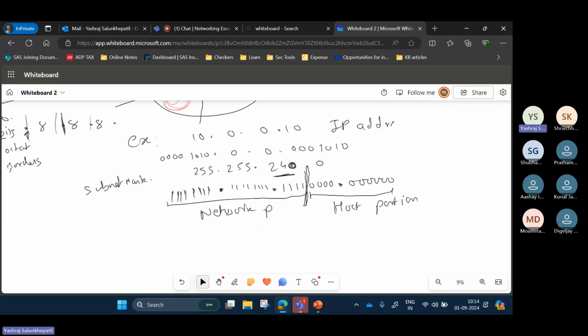Okay. Clear? Not necessarily it will be at the octet border only. So wherever there is 1, it is network portion. Wherever there is 0, it is host portion. So this is binary wise. ठीक है? Binary wise till here, इसके जो 1 2 3 4 1 2 3 4 है यहाँ तक, till this part it is network. The rest is host.